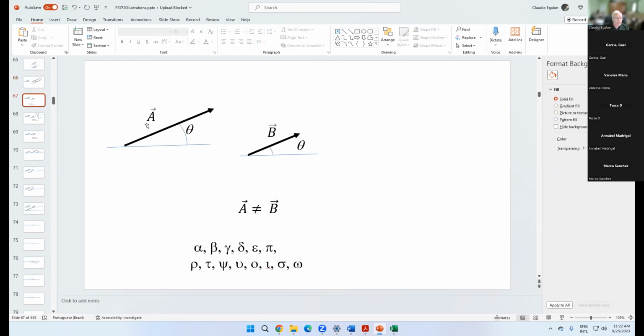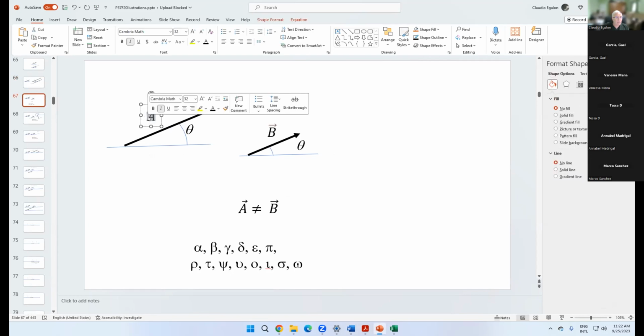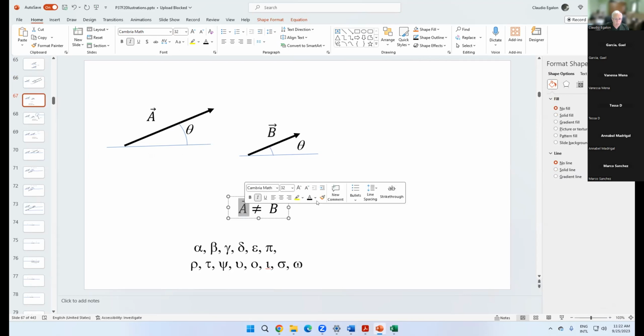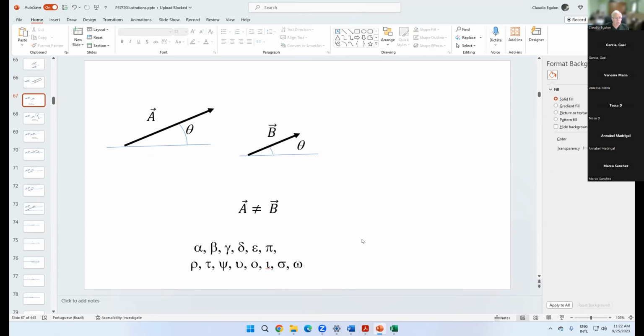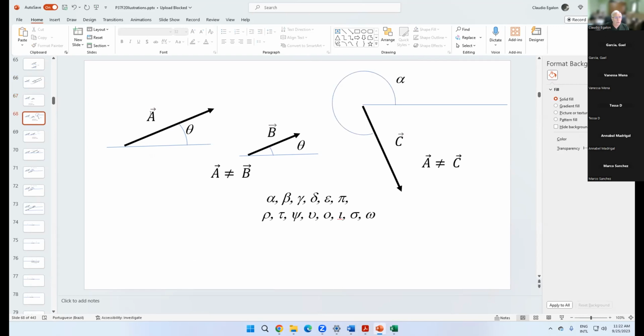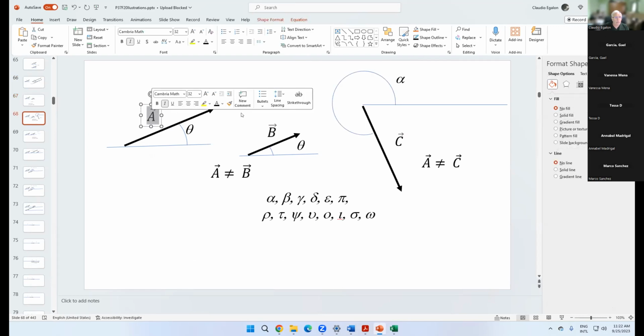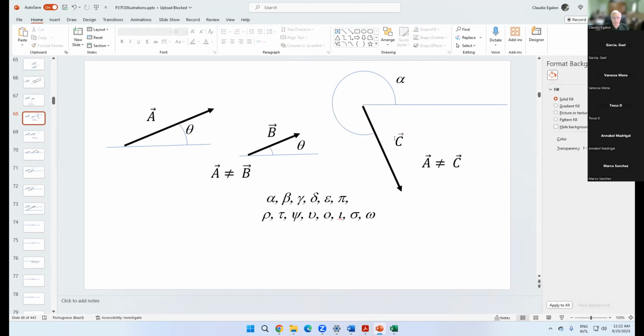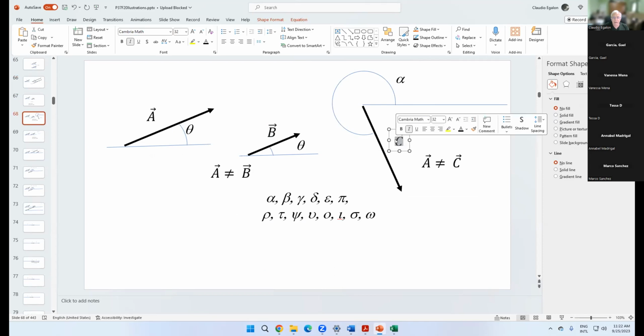So that's the head to tail method. You know, I need you to practice that over and over again. It's not difficult. Make those vectors look nice here, right?